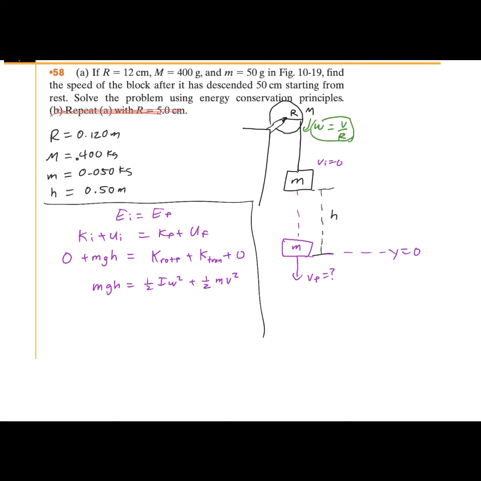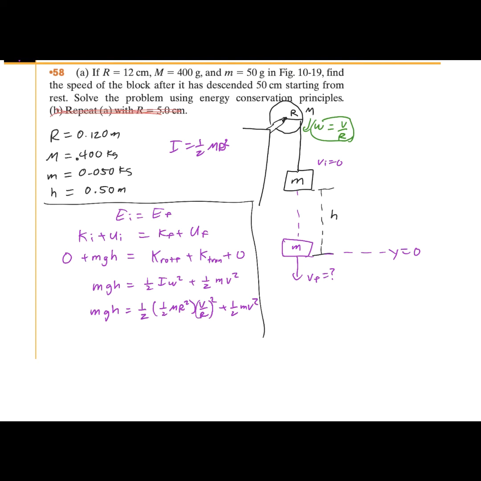So I can plug that in and write mgh equals 1/2, now it's a disk as usual, so what is I? I, as usual, is 1/2 mr squared. I use that example too much. 1/2 mr squared plus, oh sorry, I forgot to plug in omega. So omega is v over r, squared, plus 1/2 mv squared.